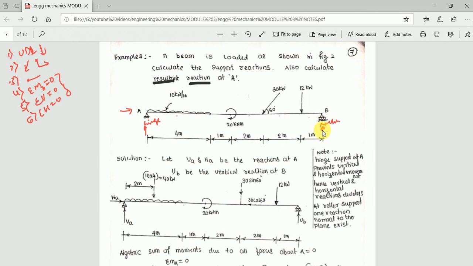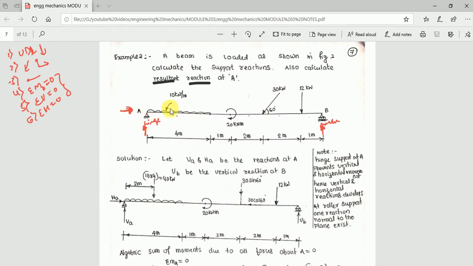There is no horizontal restraint, only vertical restraint here. But at the hinge there are two restraints, horizontal and vertical. To know these things properly, kindly go through the video on statically determinate and indeterminate beams, where I have explained these things properly.